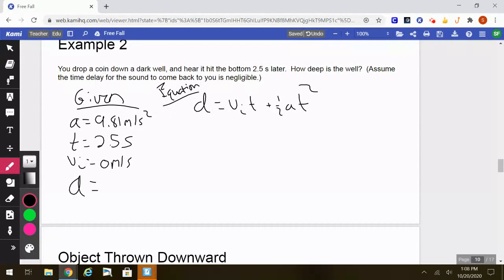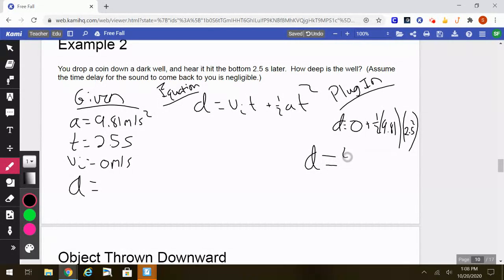Now, let's do our plug-in. We're trying to solve for D. So we have D equals, VI is 0, so anything times 0 is 0, plus 1/2, 9.81 meters per second squared, times our time, which is 2.5, and we have to square that.